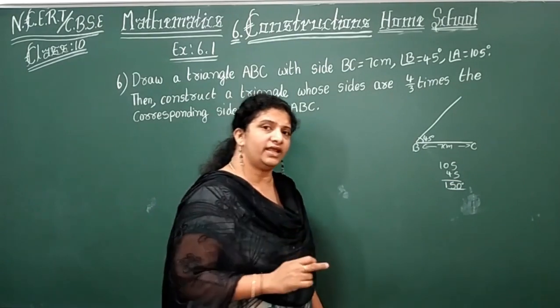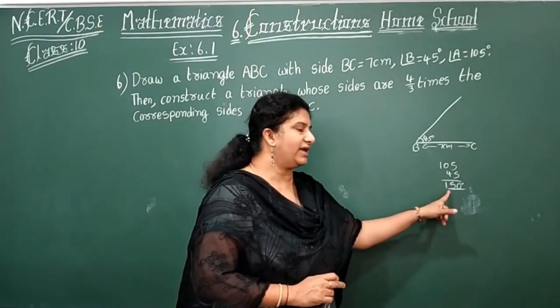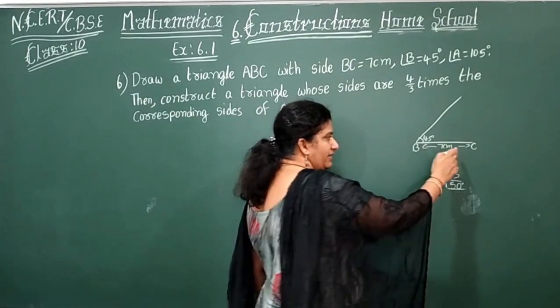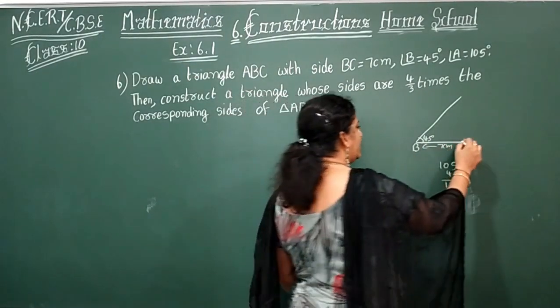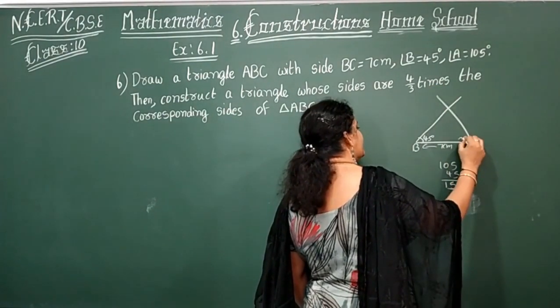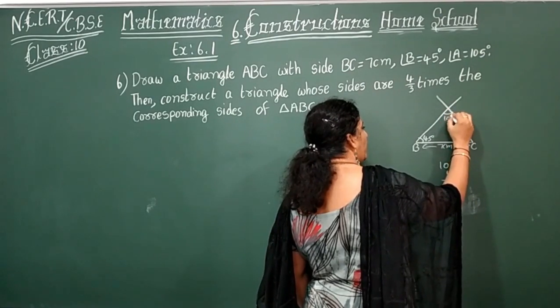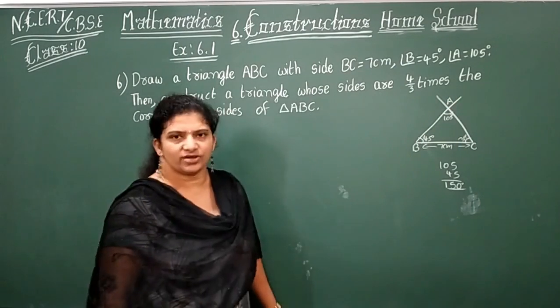The sum of the interior angles of a triangle is how much, children? 180, right? 180 minus 150 will be how much? 30 degree. So then this C should be 30 degree. Now with 30 degree as an angle, draw a line. It intersects at some point where exactly it will be 105 degree. So like this we need to draw a triangle.